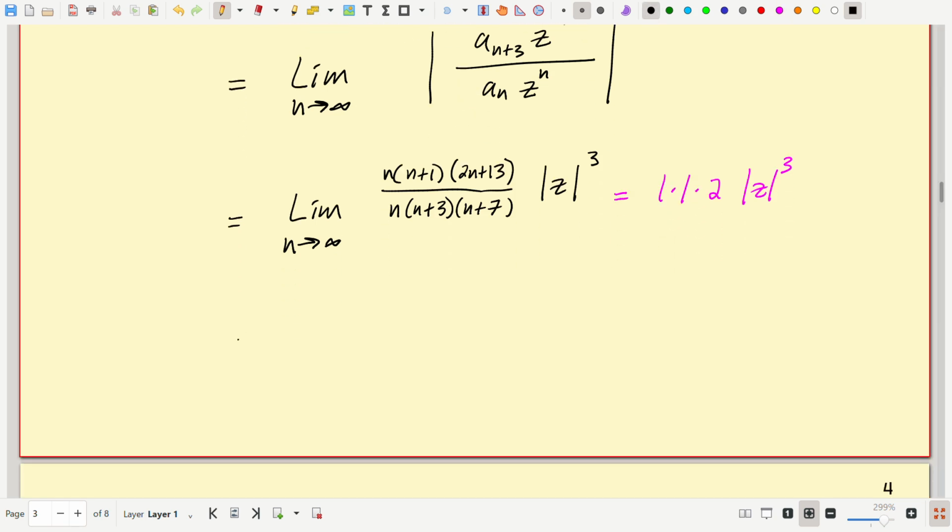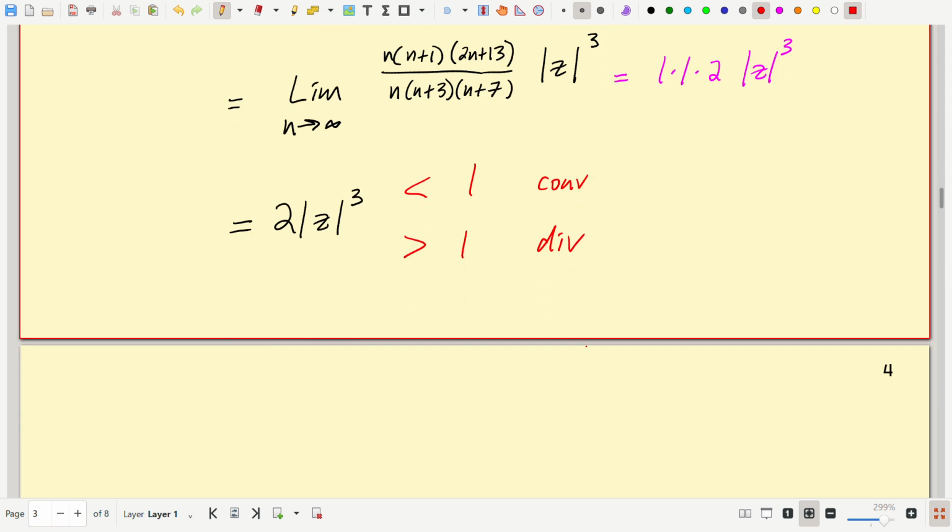So that limit is 2 times the modulus of z cubed, and the ratio test tells me if that's less than 1, we get convergence, and if it's greater than 1, we get divergence. And so if I put the 2 on the other side and then take the cube root, I would get mod z less than 1 over 2 to the 1/3, I get convergence.